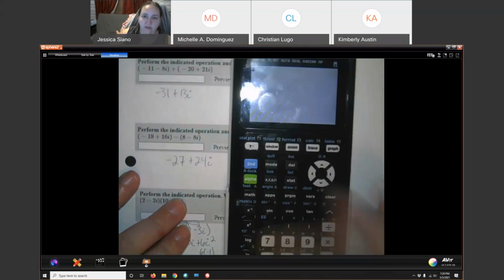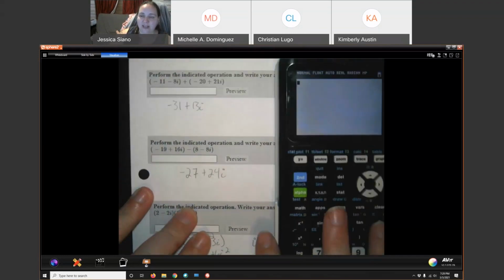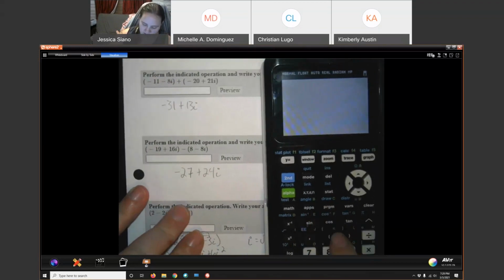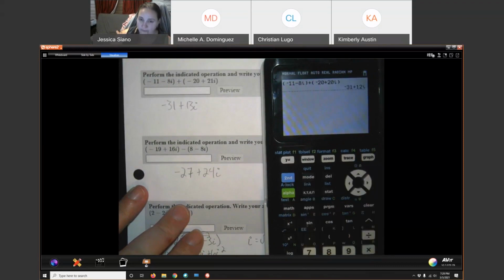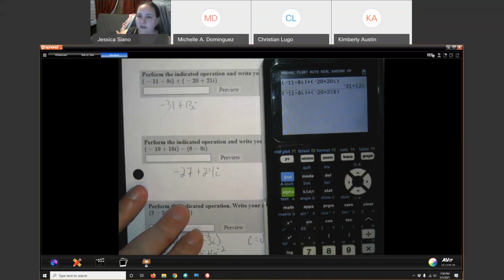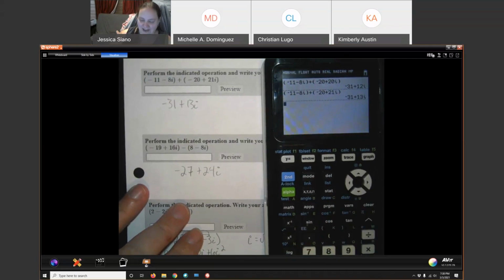So if you use that i and you put these in exactly like you see them on the page, what did I do? It's 20 plus 21i. If you put them in exactly like you see them on the page, I didn't put that one in exactly, then you'll see that you'll get the answers.